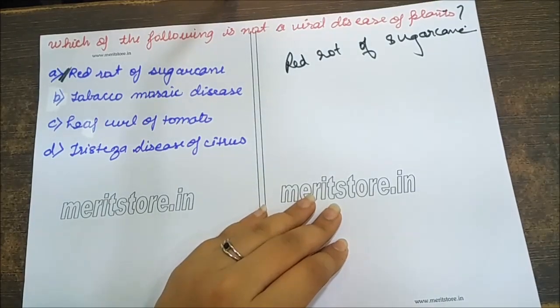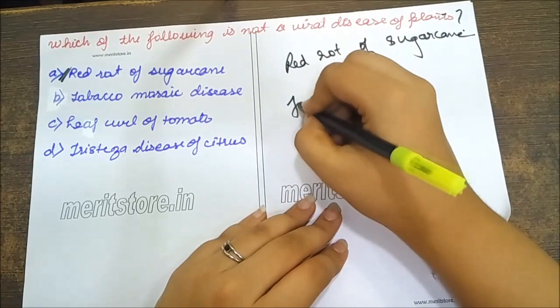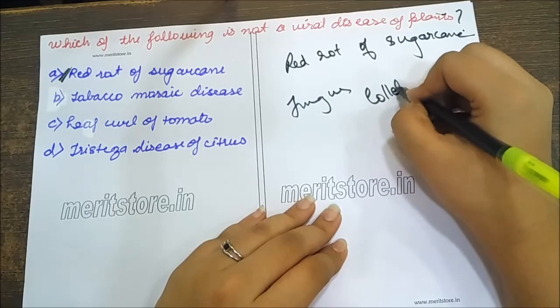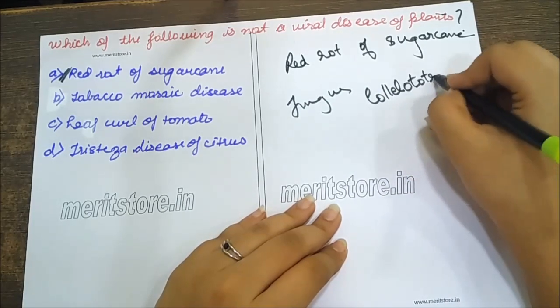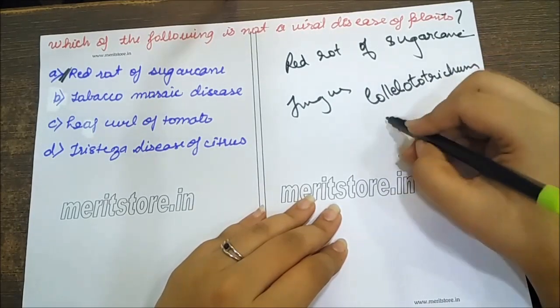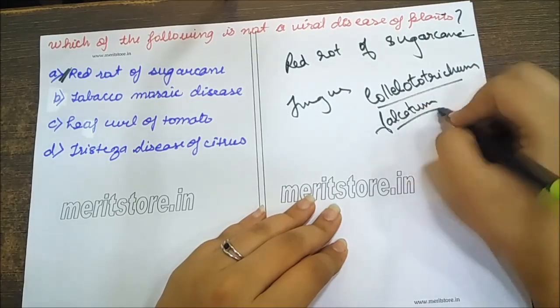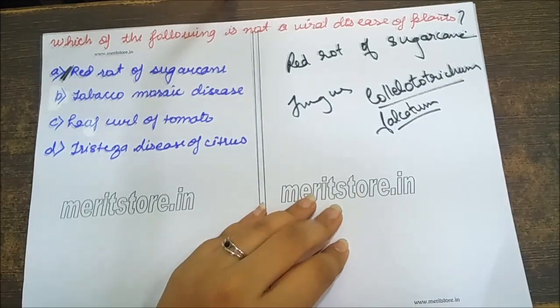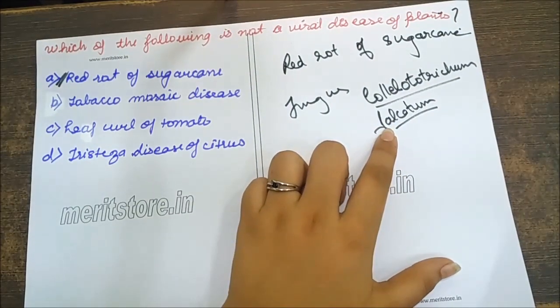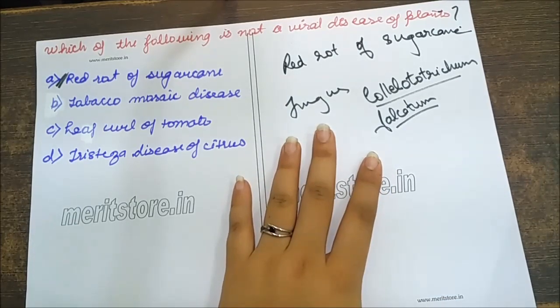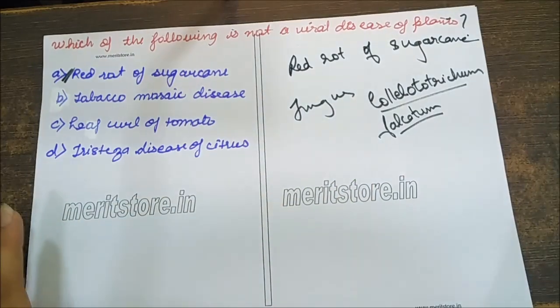Let's know how. This is the fungus which is there in red rot of sugarcane. This fungus produces red rot, which is conspicuous on leaf midribs as well as in the canes. It reduces the juice content of canes and brings about withering of leaves.